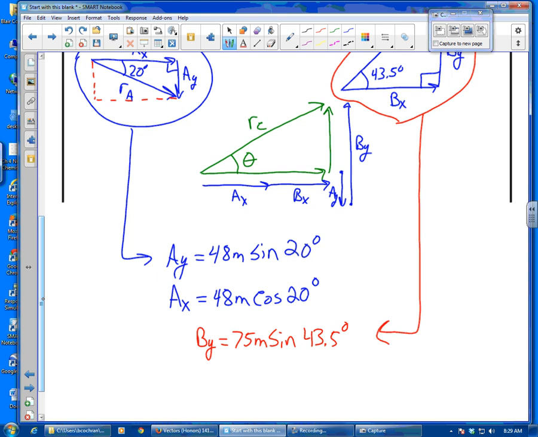And then my x is next to it, so I get BX equals 75 meters cosine 43.5 degrees. So those are the components so far. Those are the magnitudes of the components.